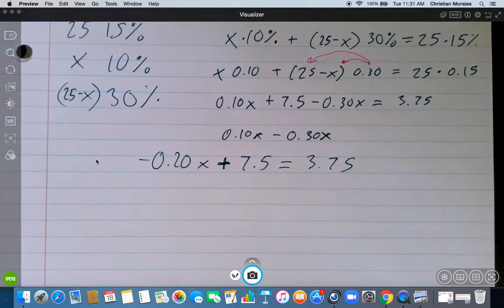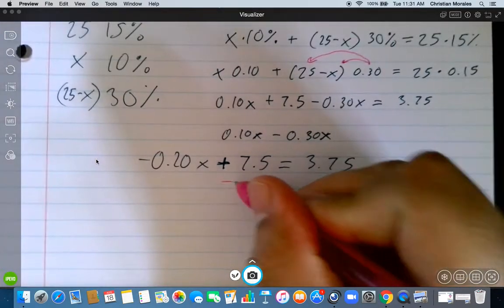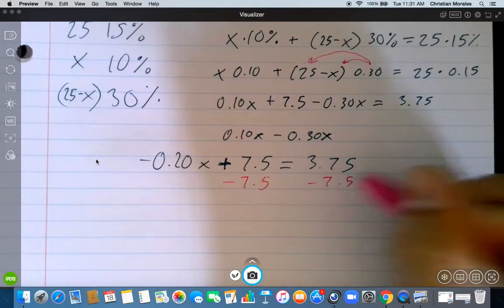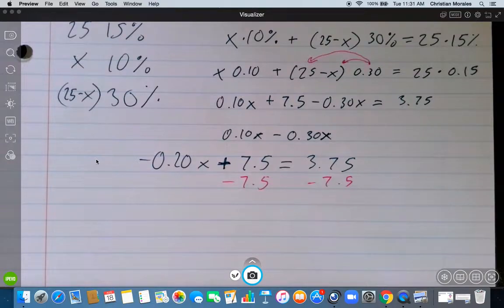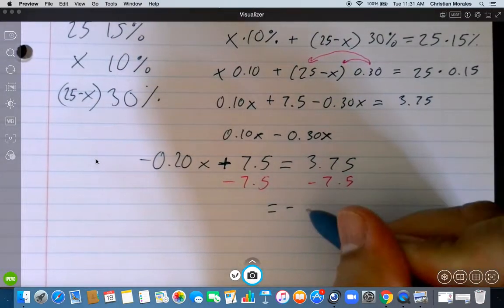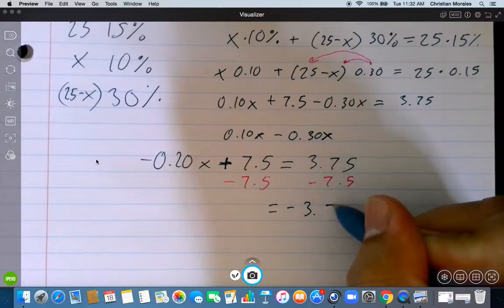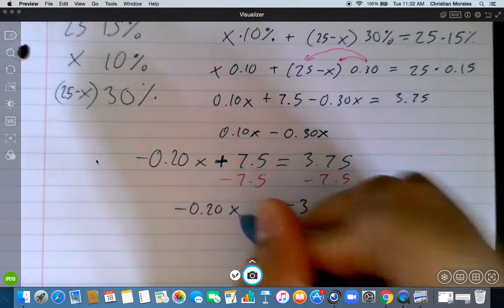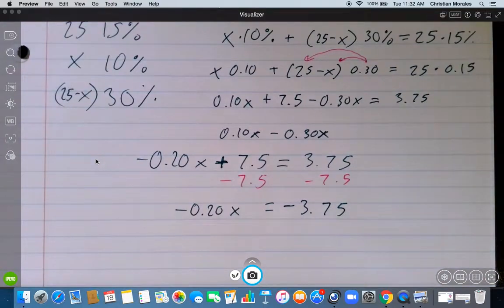Okay, now we go into inverse operations. I'm going to solve for x. I'm going to start by canceling out the 7.5. The inverse of adding is subtracting. Okay, if I do that, I'm going to get negative 3.75. Huh, that's weird, but okay. Next, I want to get rid of this negative 0.20.